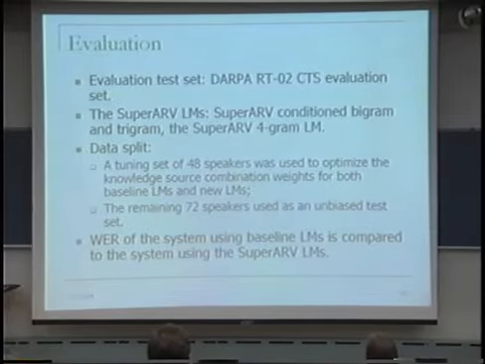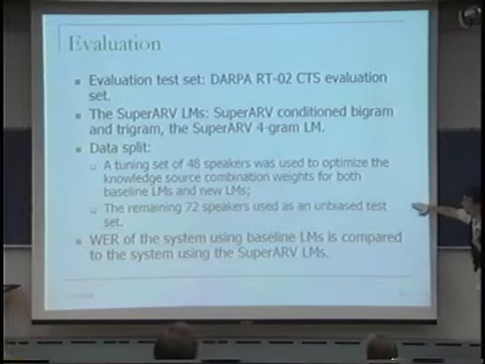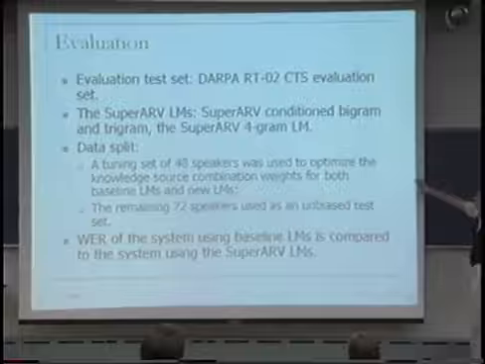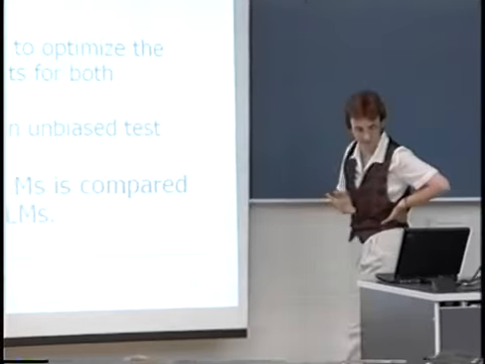These are all in ARPA backoff, and the data was split into a tuning set, with the remaining 72 speakers being used for unbiased test sets. So we were working with some piece for tuning and some piece for evaluation.